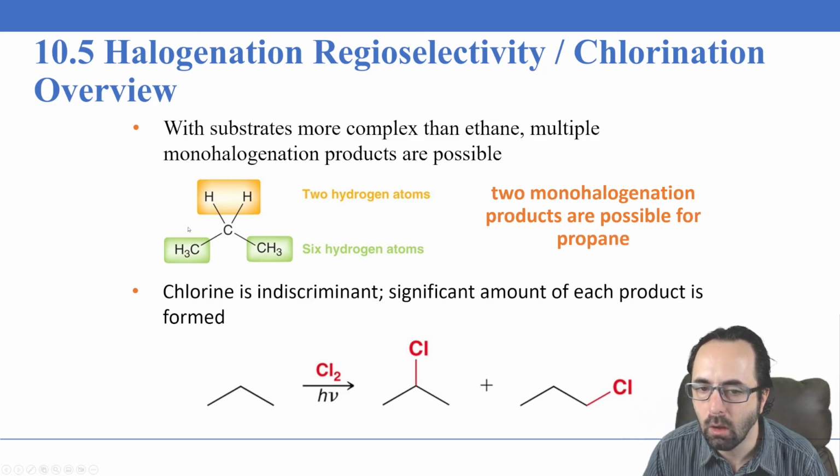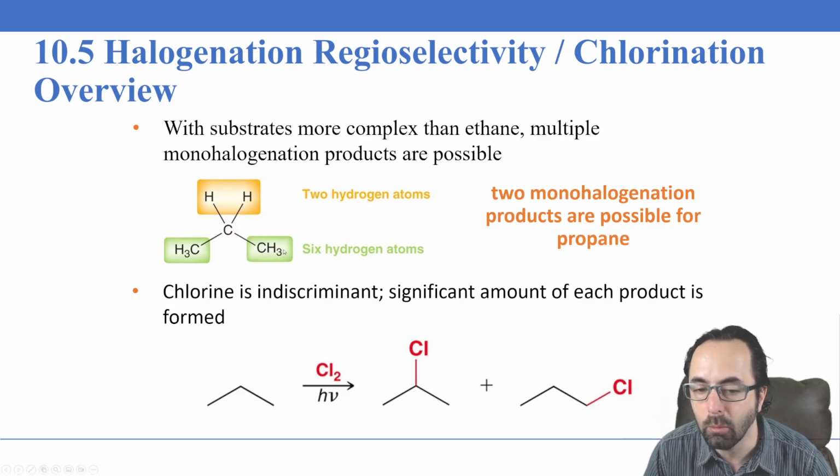Often when we're doing this halogenation, we can remove a hydrogen from various places, and we can then add a chlorine atom. So there's multiple possibilities for the chlorination. For example, here we could put a chlorine on the second carbon, or we could put it on the first.